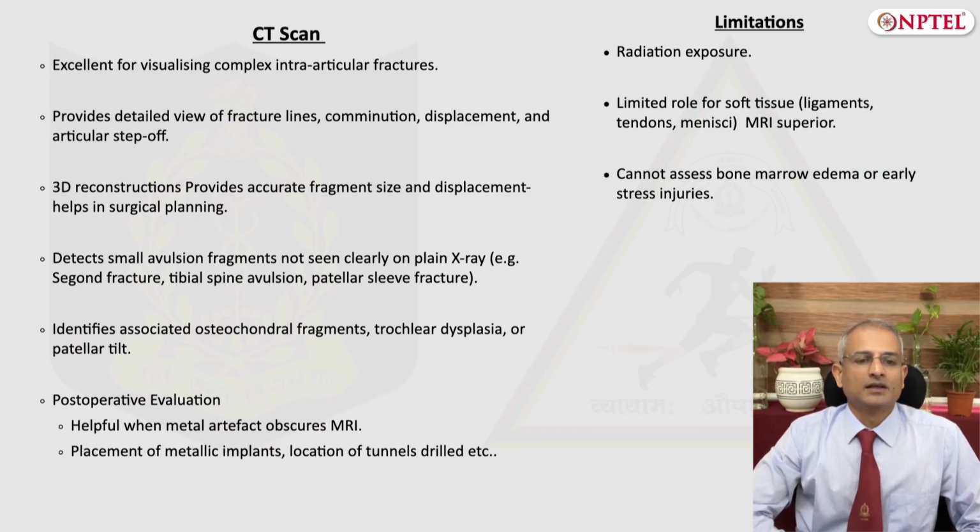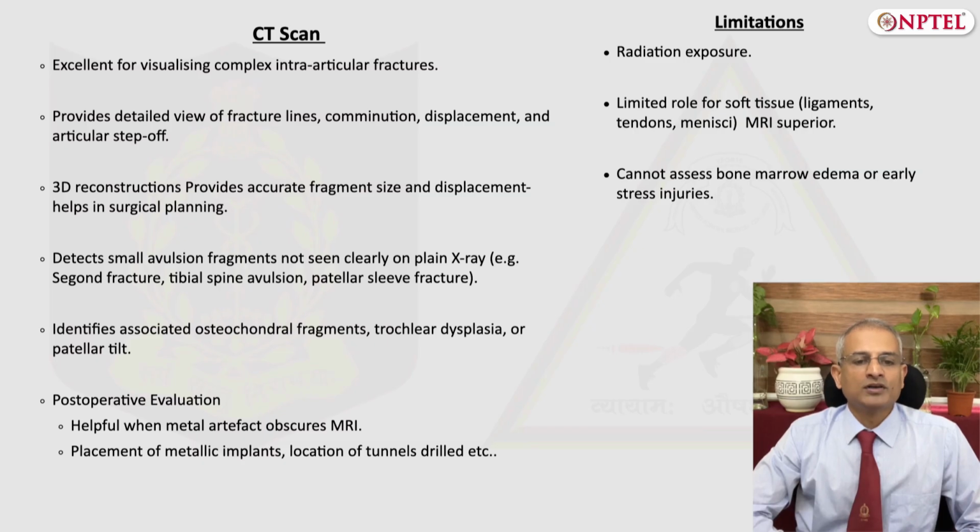It is done in cases of complex fractures of tibial plateau, distal femur, patella, and it shows fracture lines and fracture fragments and their displacement. It can easily pick up avulsions of ACL, PCL, collateral ligaments, and tendinous avulsions from the bones. It can also pick up subtle osteochondral fractures that are not usually visualized on a plain X-ray.